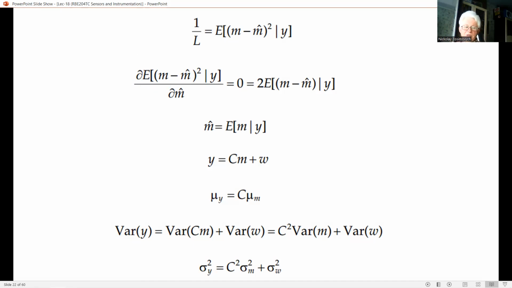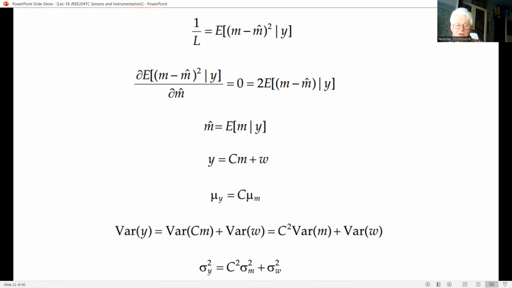And hence the maximum likelihood estimate, as we can see in the next equation here, M hat is proportional to E of M given Y. In other words, what is estimated is the mean value of M given the data Y.